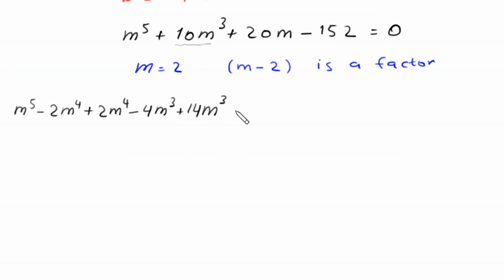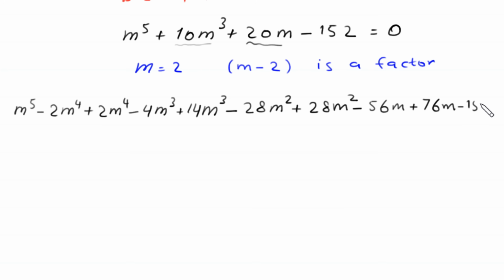We subtract and add 28m squared. We write this plus 20m as negative 56m plus 76m minus 152 is equal to 0.